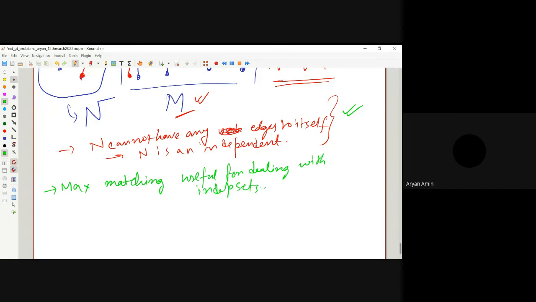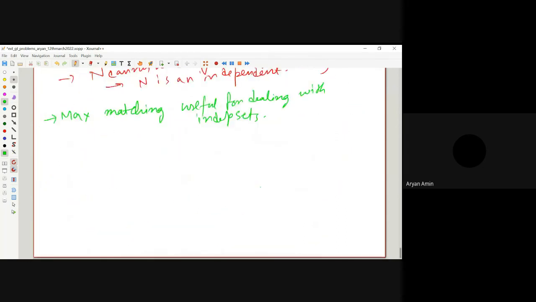I'll tell you why I'm talking about maximal matching. Okay, so now can you interpret the problem condition in terms of maximal matching? Anyone?